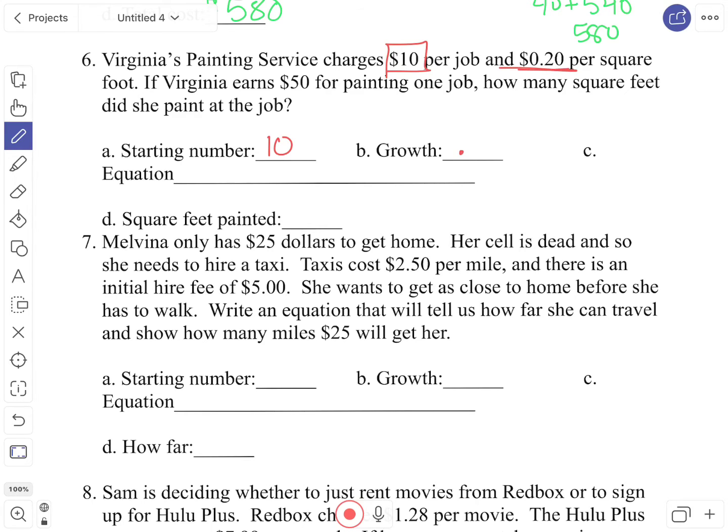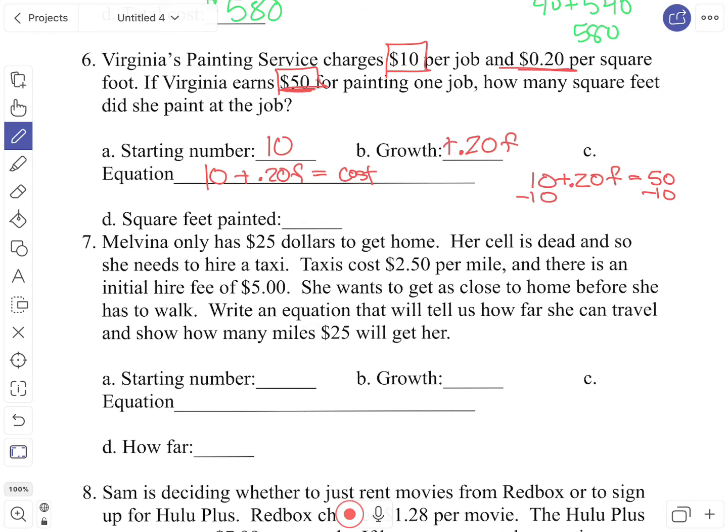Then it's 20 cents per square foot. We'll put F for foot. We're adding 20 cents for every foot. So our equation would be 10 plus 0.20F, and that's going to equal the total cost. Now in this one, it says she earned $50, so that total cost is what we're looking at here. We don't plug it into the F, we're going backwards.